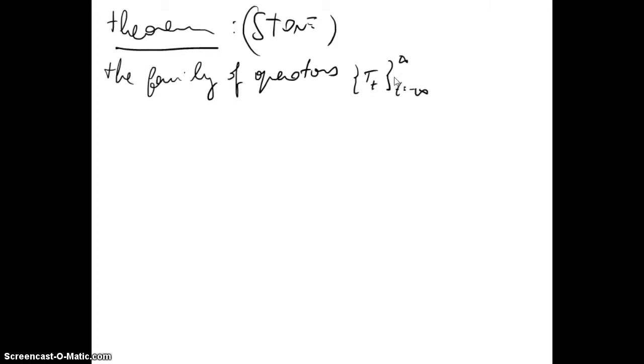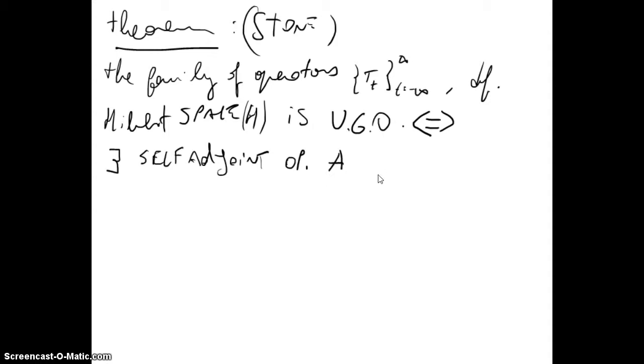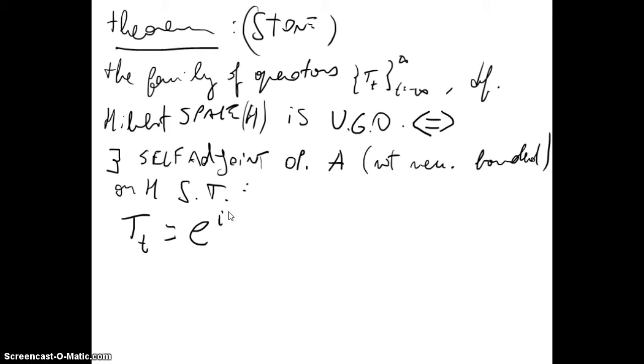The family of operators T_t, t from minus infinity to infinity, that are defined on a Hilbert space H, is a unitary group of operators if and only if there exists a self-adjoint operator, let's say A, not necessarily bounded, on H, such that T_t is equal to e^(itA).